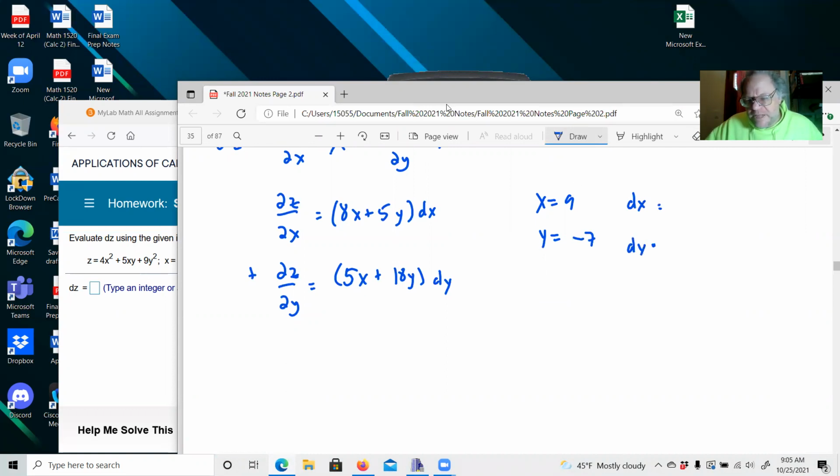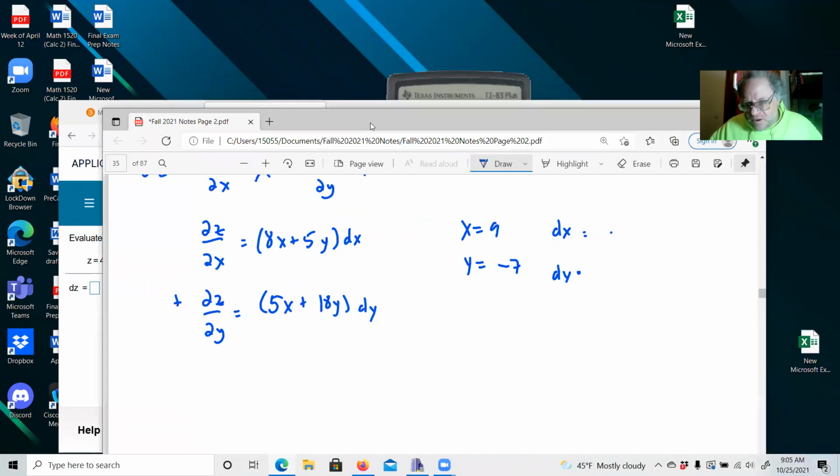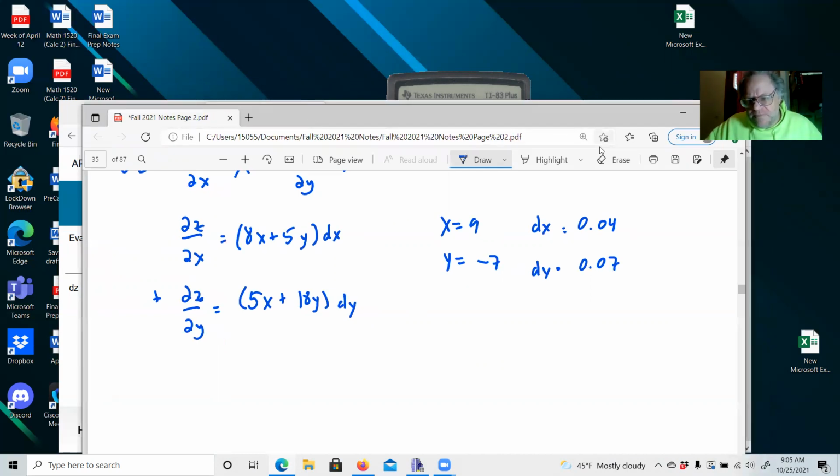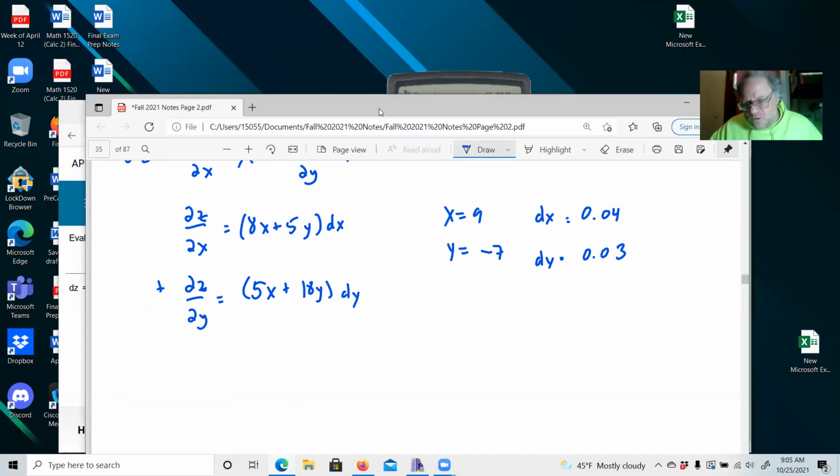In your experiment, you have to know what the measurement error on the x value is, and what the measurement or experimental error on the y value is. So we're taking all of these pieces together, dx is 0.04 and dy is 0.03, to get our total error.